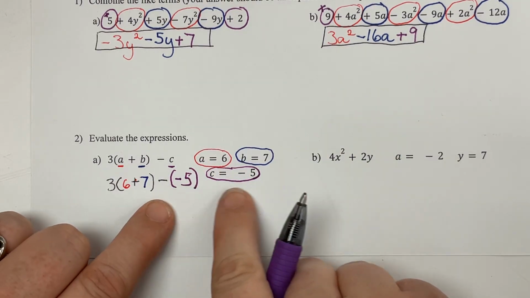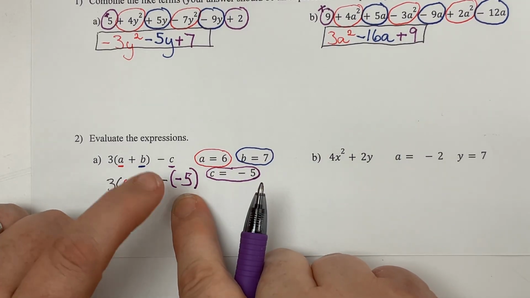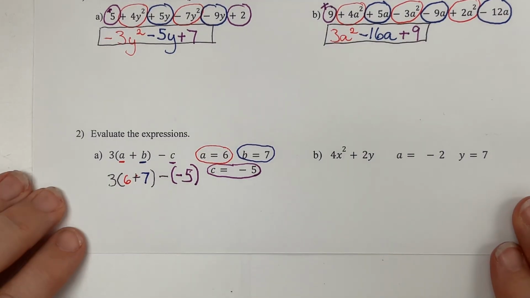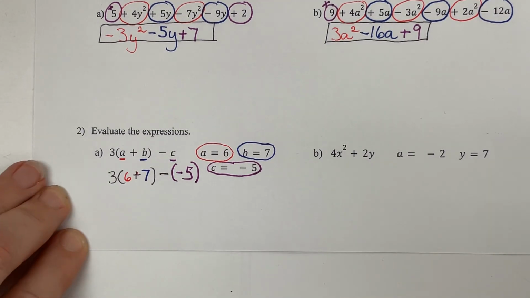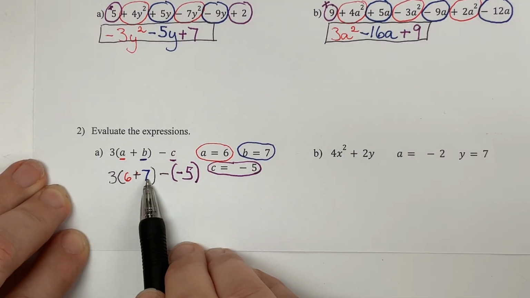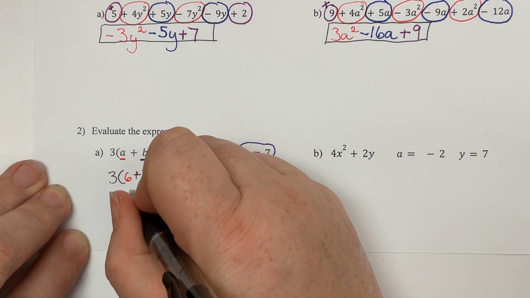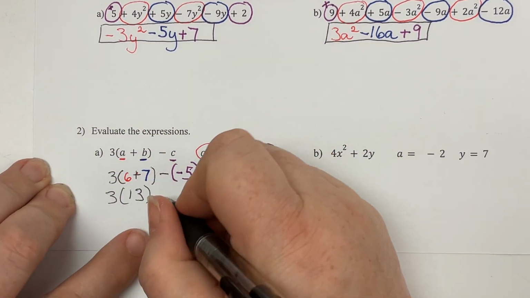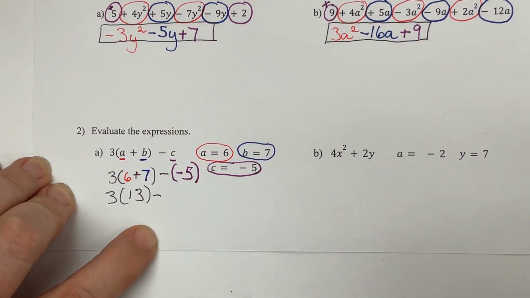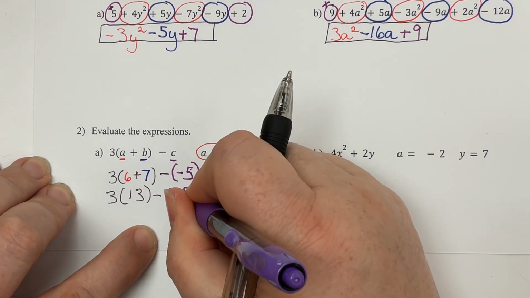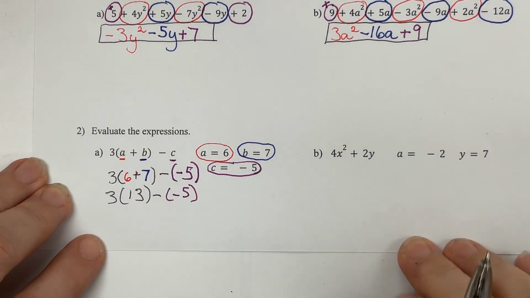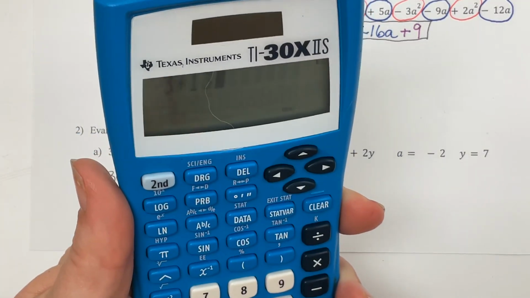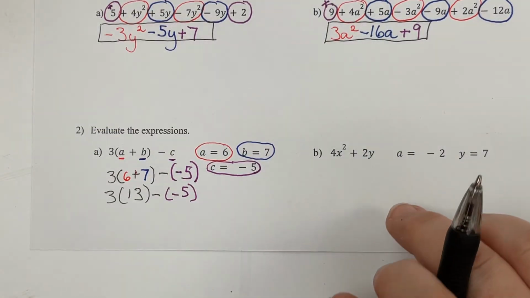Now I want you to notice that negative came over, and has nothing to do with this negative that's already here. So let's see what happens. PEMDAS: 6 plus 7 is 13. Times 3 minus our negative 5. 3 times 13 is 39.